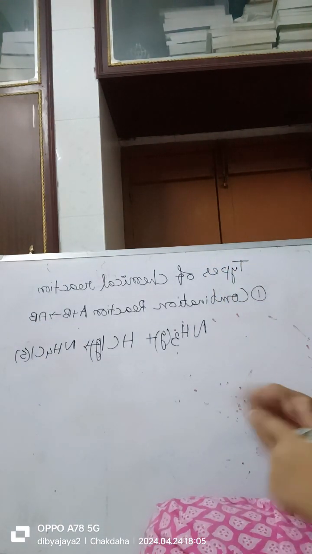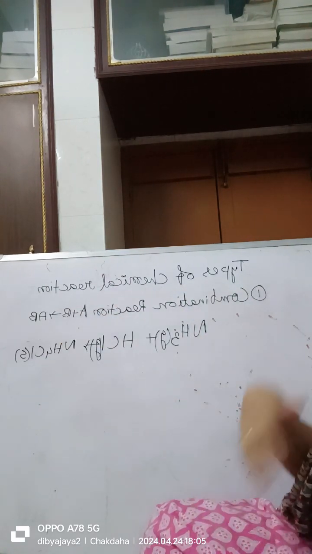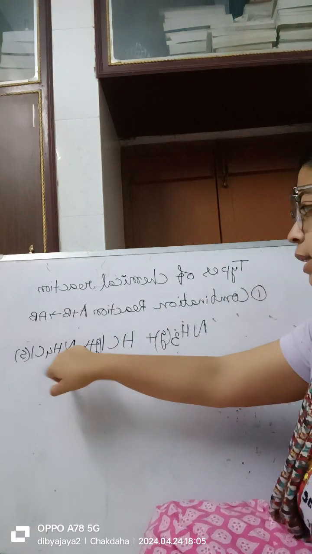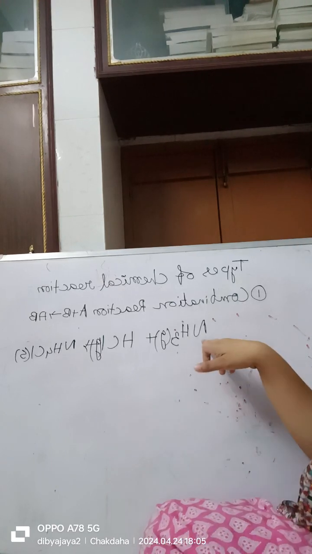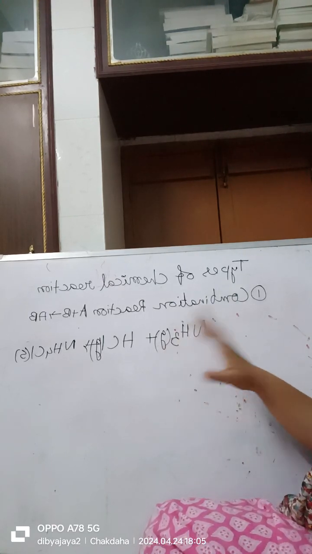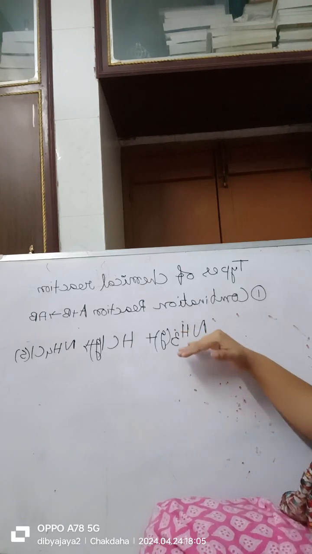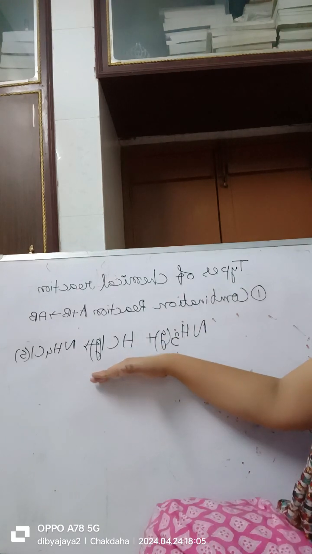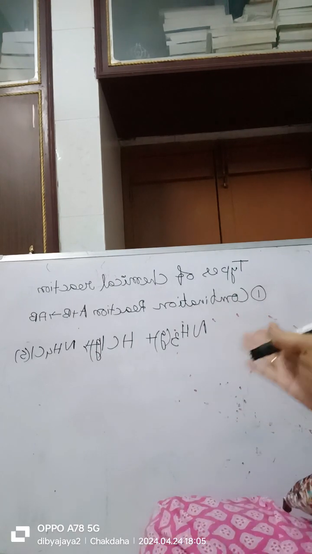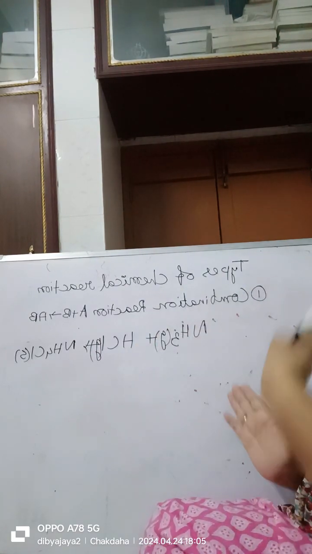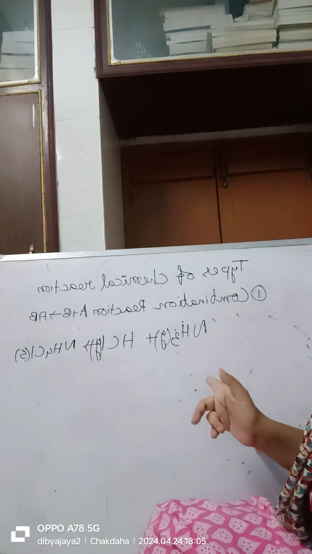We can see in the lab that a white fume will be formed. This is also an example where two gases react and the product is a solid. The physical state of the reactants is different from the physical state of the product. We will remember this reaction.